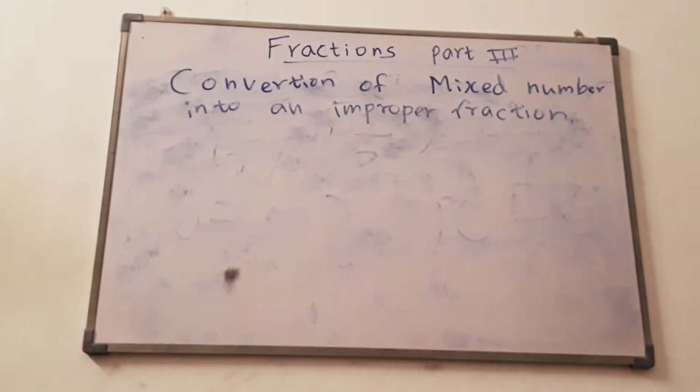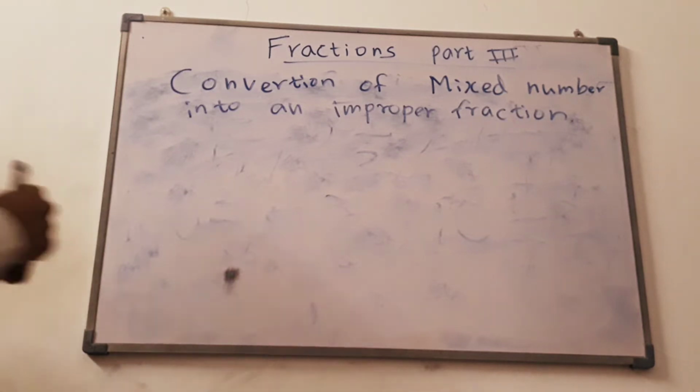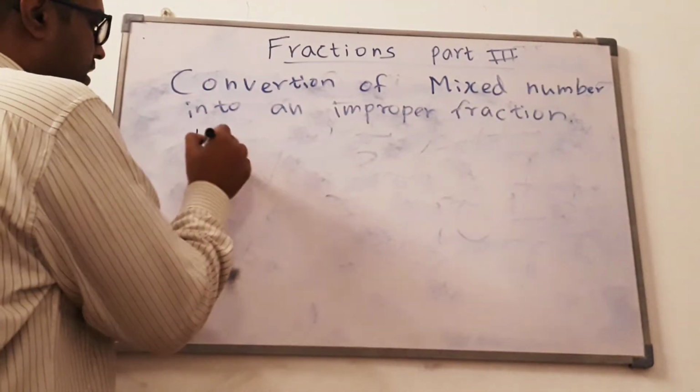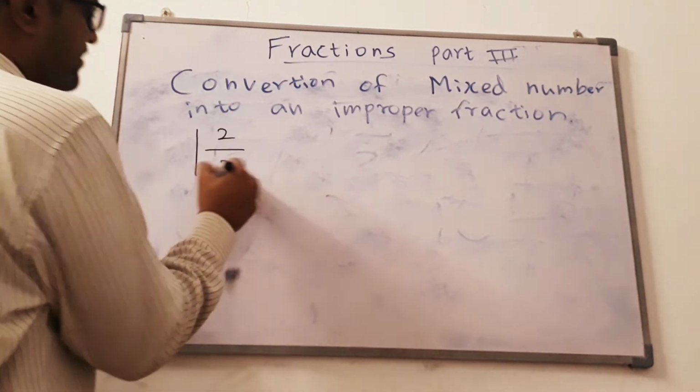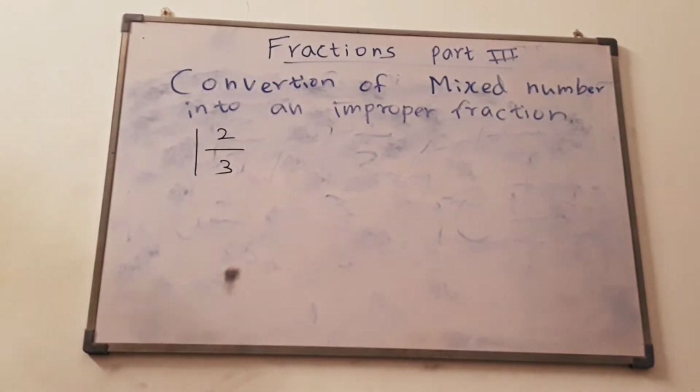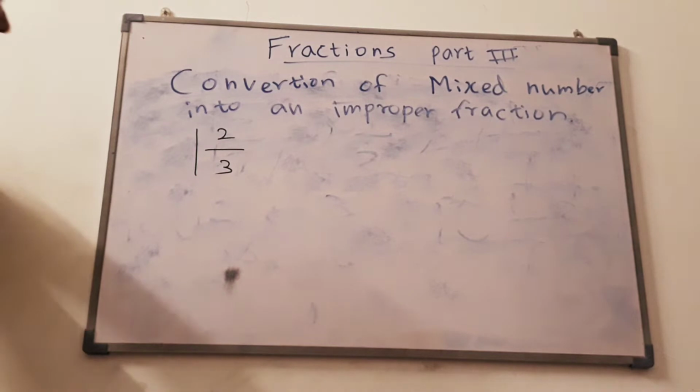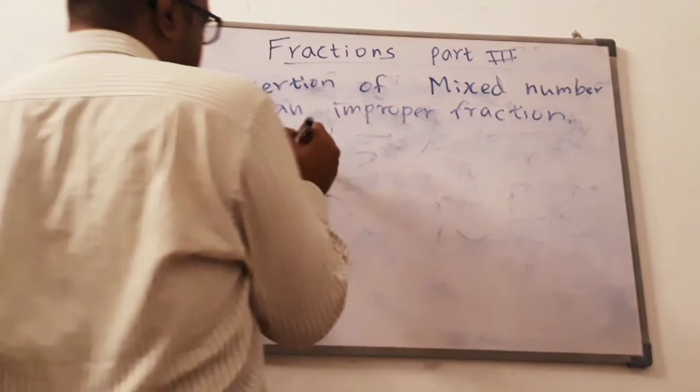Okay. Suppose a fraction like this, 1 and 2 out of 3. How can we make an improper fraction? There's an easier method.